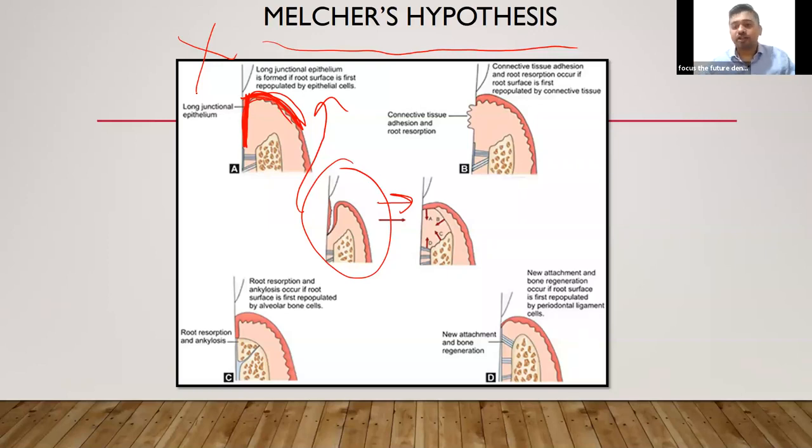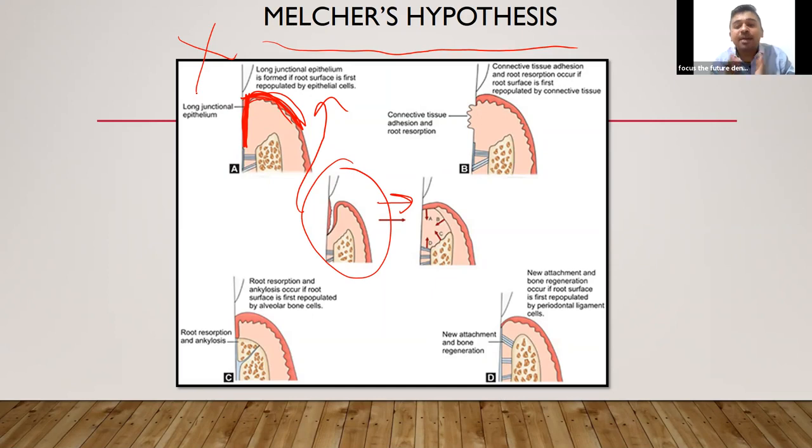Just the formation of long junctional epithelium: is it good or bad for your body? Yes, very good, Prakriti. It is good because it is a method by which your body is trying to protect the wound. But is it a stable process? No, because it's just an epithelium forming onto the root surface and adapting to it. With any inflammation, it will open up and lead to the formation of a new pocket.